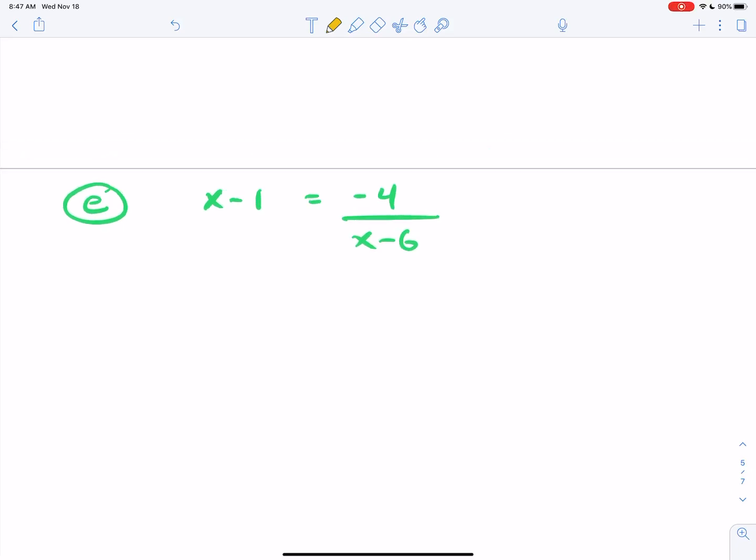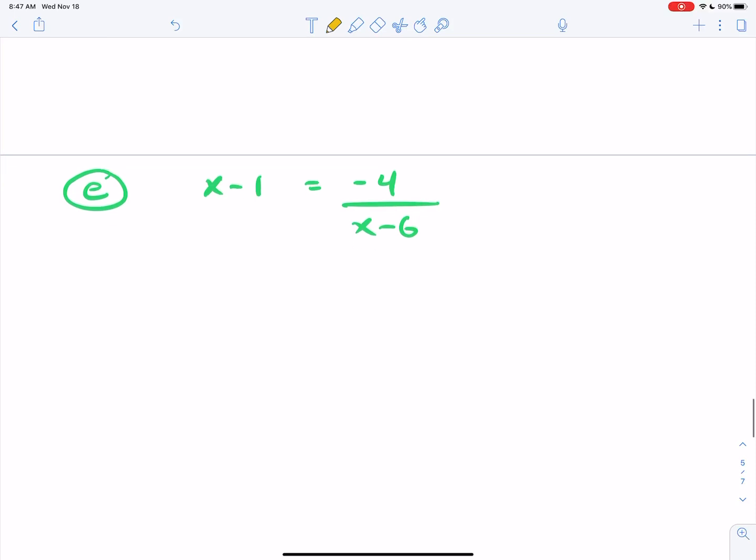Now, this looks a little bit weird. Some of you might notice that there is no denominator here, okay? That doesn't make it any more difficult. Actually, it makes things a little bit easier, okay? But nevertheless, the first step is to do what, right? Okay, we don't solve anything yet. The first step is to check your restrictions on your domain.